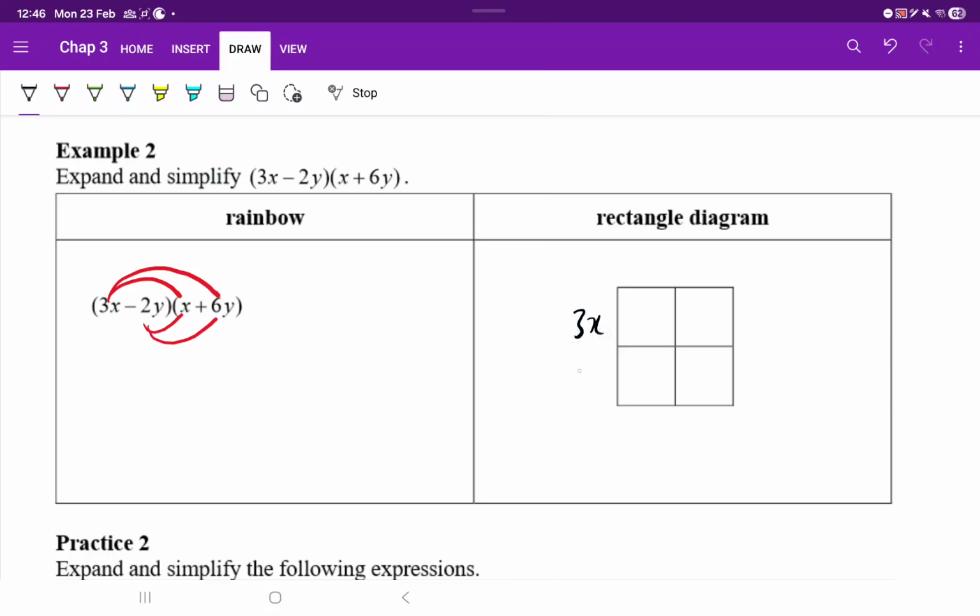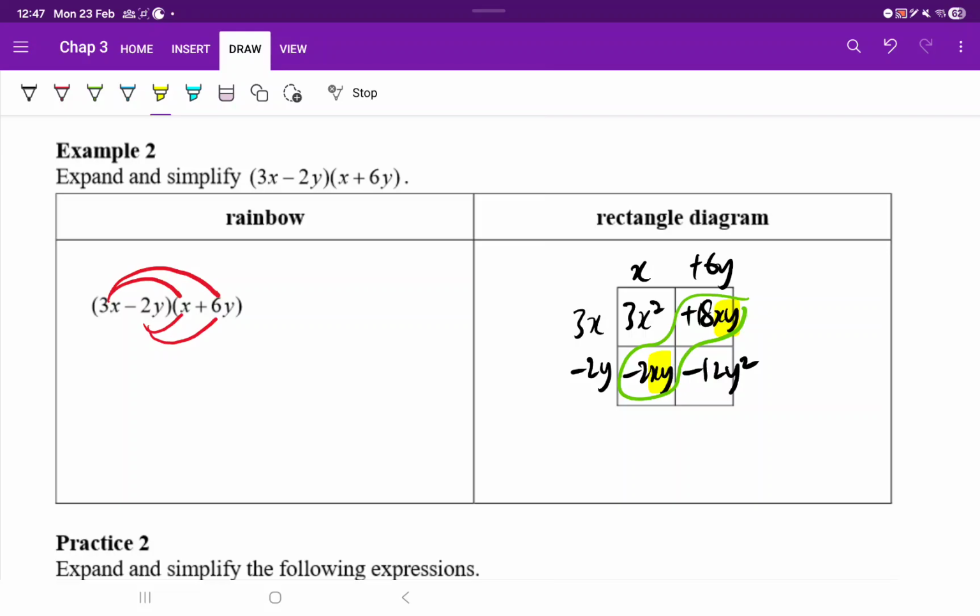So 3x minus 2y, x plus 6y, and then you just fill up the 4 boxes. It doesn't take long to draw a rectangle also. 3x squared, 18xy, minus 2xy, minus 12y squared. As I said, the diagonal always has like terms, and in this case, the diagonals are x and y, so that is the term xy.